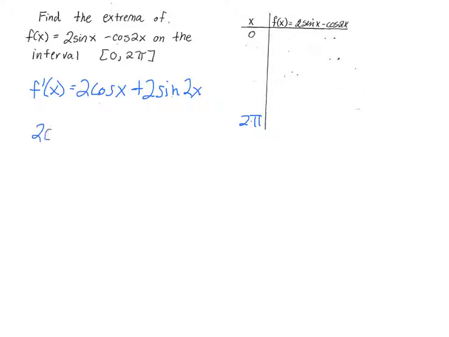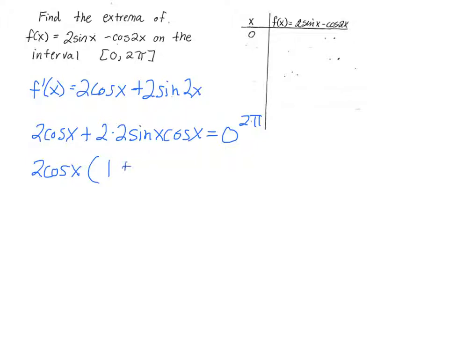So 2 cosine x plus 2, I'm going to change that sine 2x to a 2 sine x cosine x. And then I can go ahead and factor out a 2 cosine x. And that will leave me with a 1 plus 2 sine x equals 0.